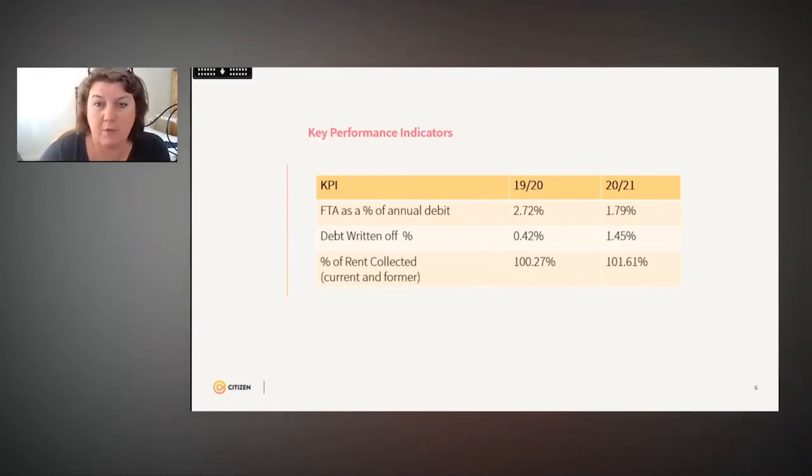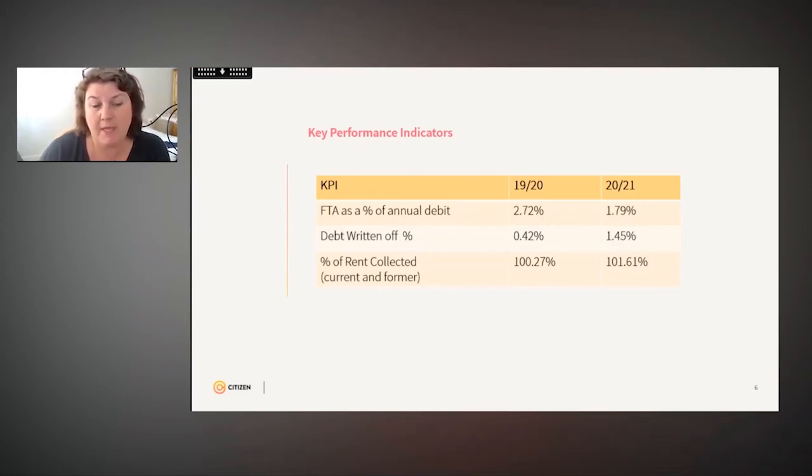You can see there that there was a massive reduction between 1920 and the end of the financial year 2021. However, that directly links to an increase in the amount of debt that we wrote off as irrecoverable. And so the two go hand in hand, really.